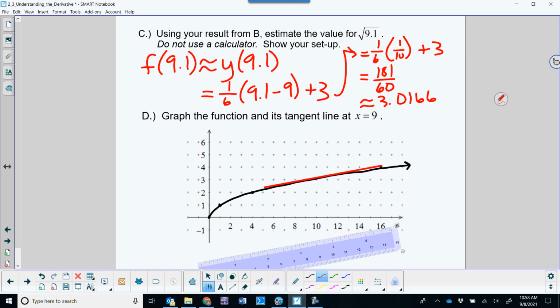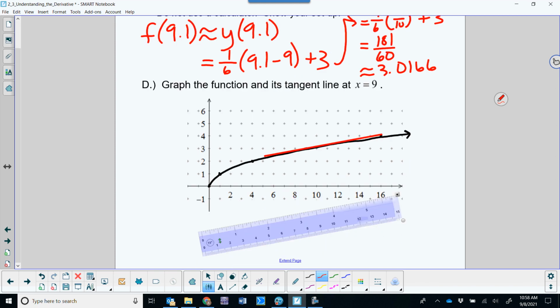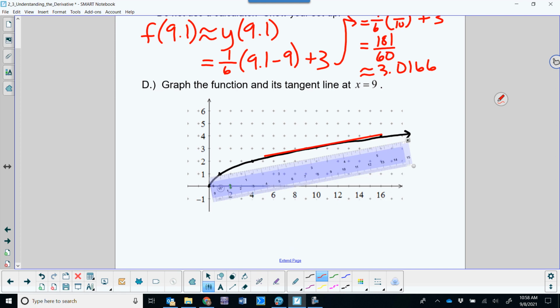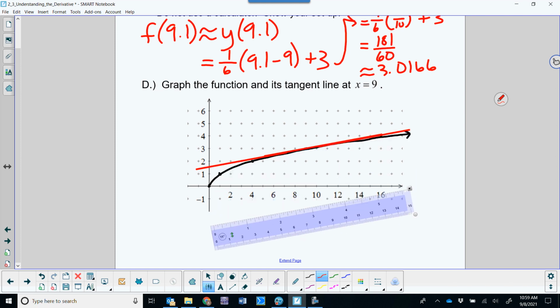Now you will notice how close the tangent line is to the graph. It's really close, as long as I'm near 9. Now if I were to keep drawing that line further out, so that you can see why it doesn't work later, you can see that it's a good approximator close to 9 for sure.